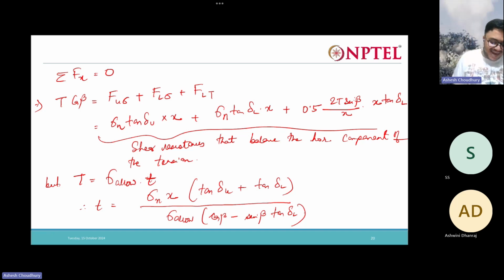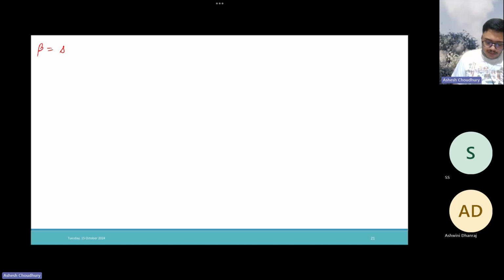So I will just write this for you so that it's easier for you to look later. Beta is the settlement angle mobilizing the geomembrane tension.